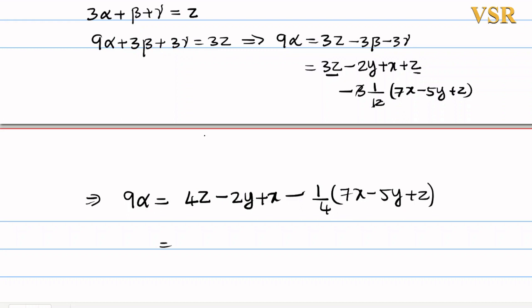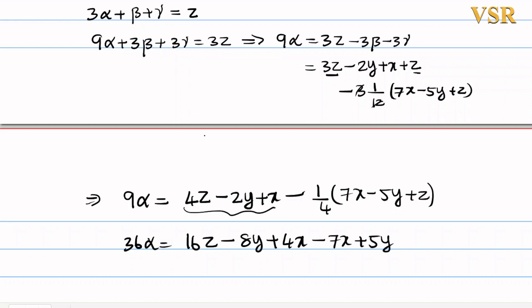So what I will have is 36 alpha, which is equal to, multiplied with 4, 16z minus 8y plus 4x minus 7x plus 5y minus z.